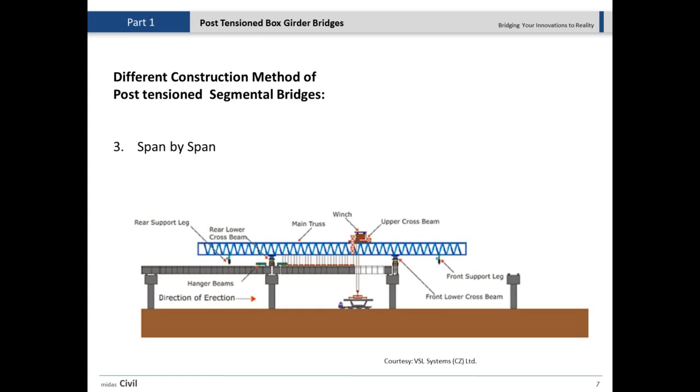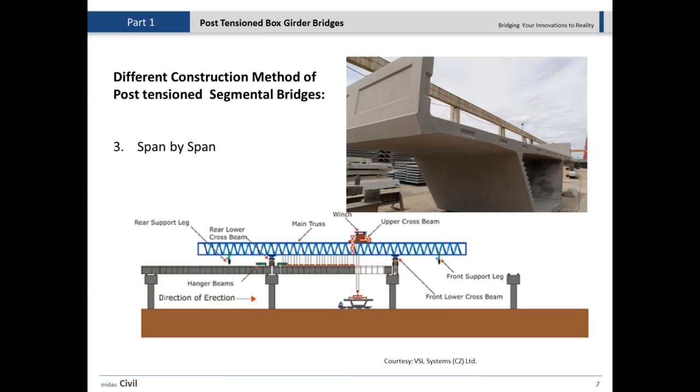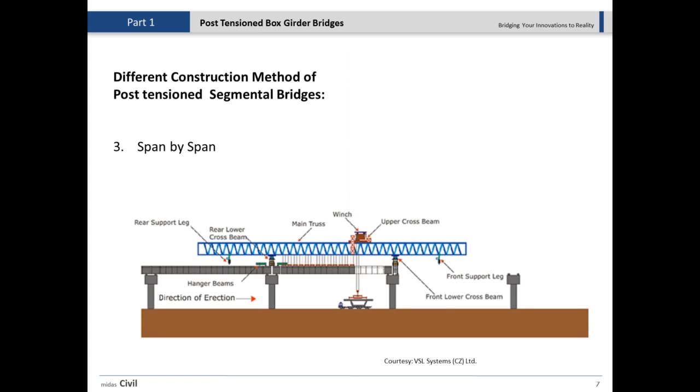All right. We have another method also for span by span, where you could have the main tower back there, and simply add the segments to each other and post-tension them, or put them all together and then finally post-tension them. So these are segments that they selected. These type of segments are mostly used in span by span methods.